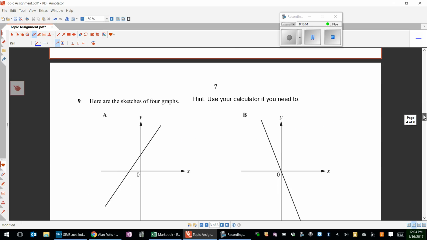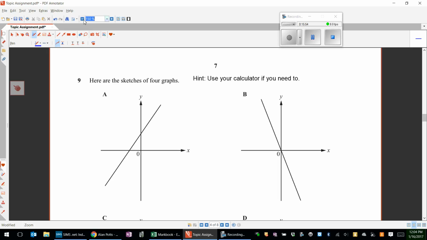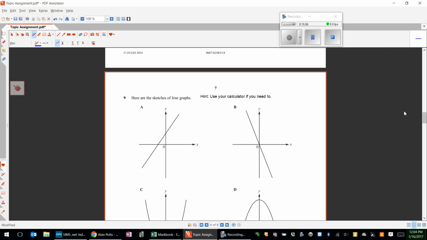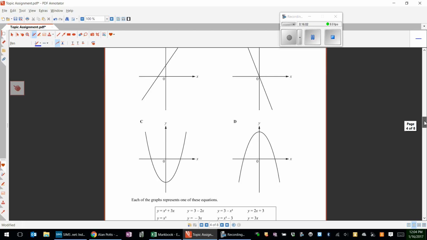Now, I did write for this question, if you need to, put it into your calculator. Now, actually, being a non-calculator question, you wouldn't be allowed to do that. Yes, because I added that in.